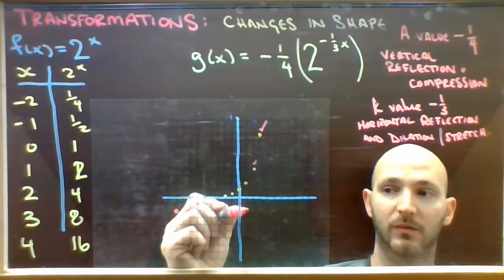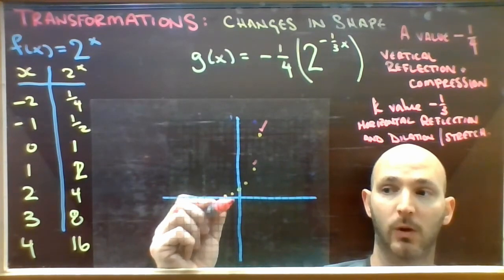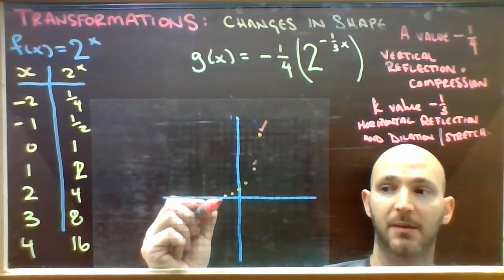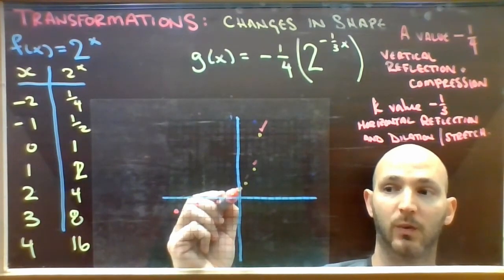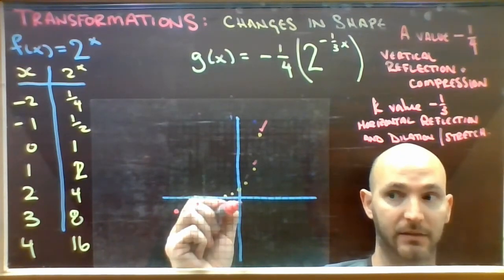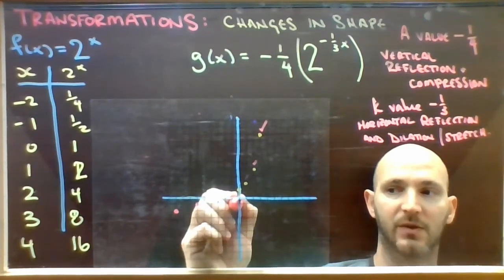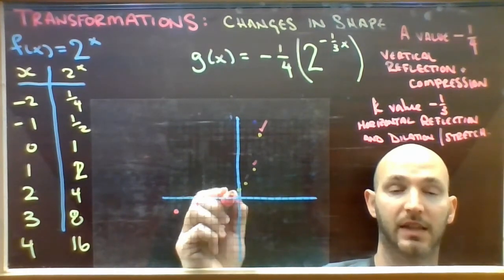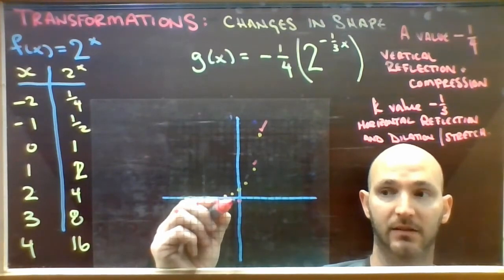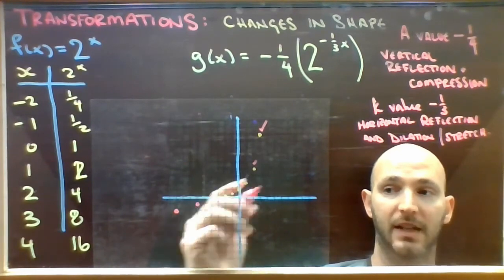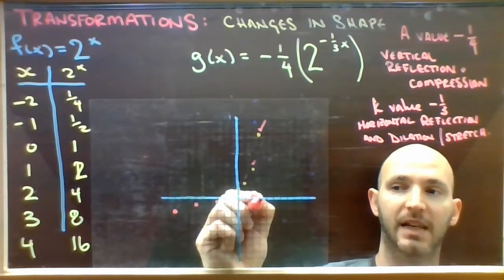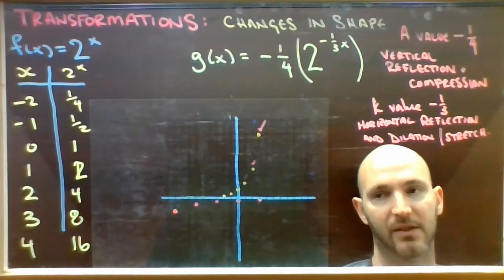Reflect it, 1/4 of its normal height, and 3 times as far as it used to be. This one, reflect it, 1/4 of its height, and 3 times as far as it used to be. This one, reflect it, reflect it. A quarter of its normal height, and 3 times as far as it used to be. I keep saying half. I have halves on the brain, sorry.